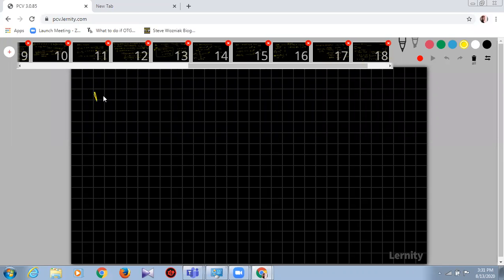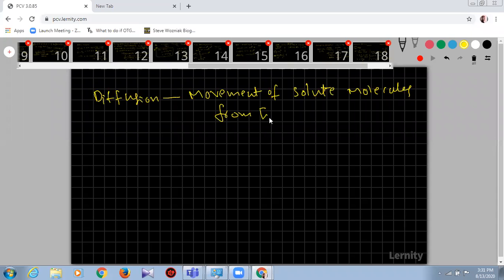Diffusion is the movement of solute molecules or particles from high concentration to low concentration.